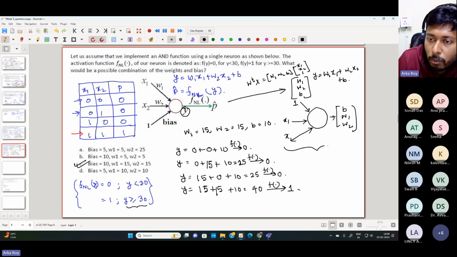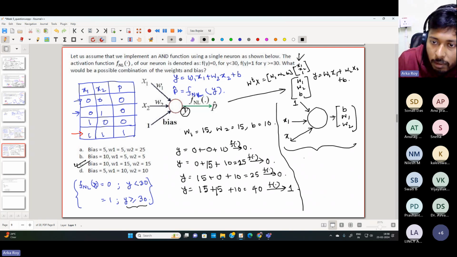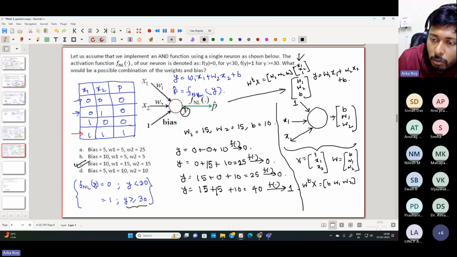Now, the moment you represent it like this, your representation for X also will change. The representation of X will be 1, x1, x2, and W's representation will be B, W1, W2. So if you do W transpose X, you will get B, W1, W2 times 1, x1, x2.